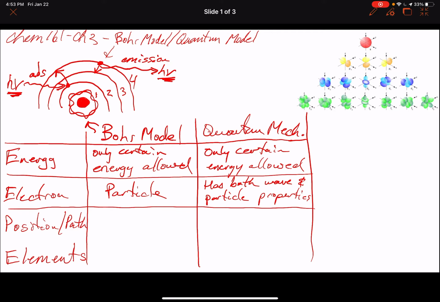Okay, and then position and path. In the Bohr model, there are fixed distances reflected in the diagram above, so fixed distances from the nucleus in distinct orbits.